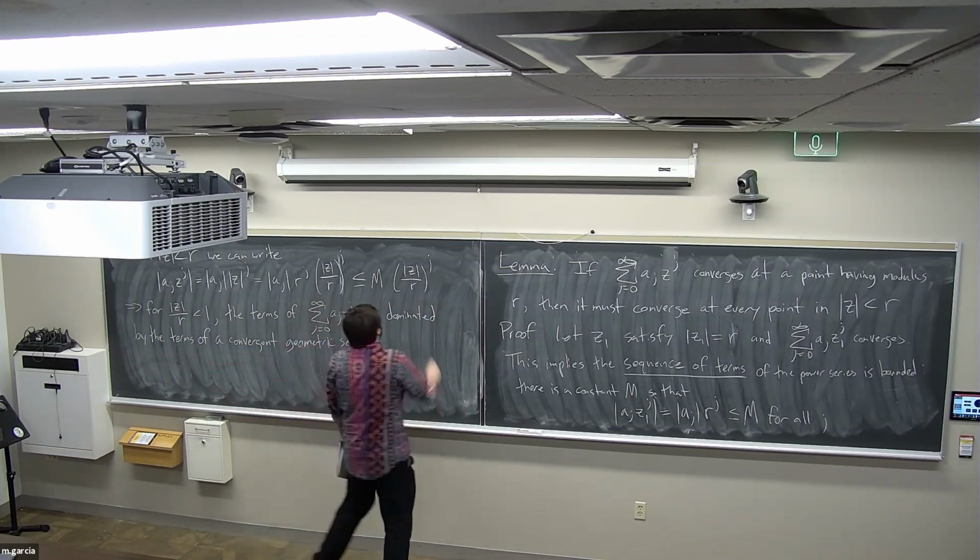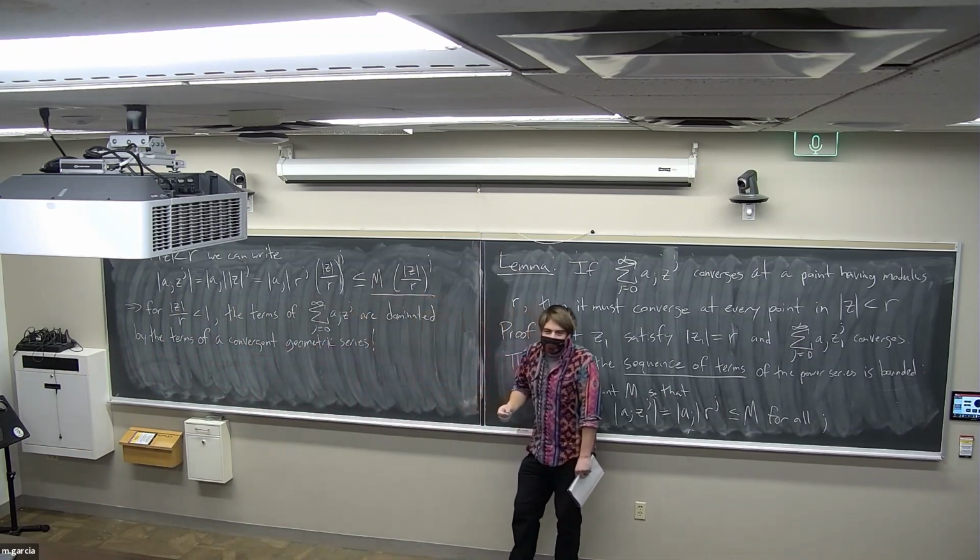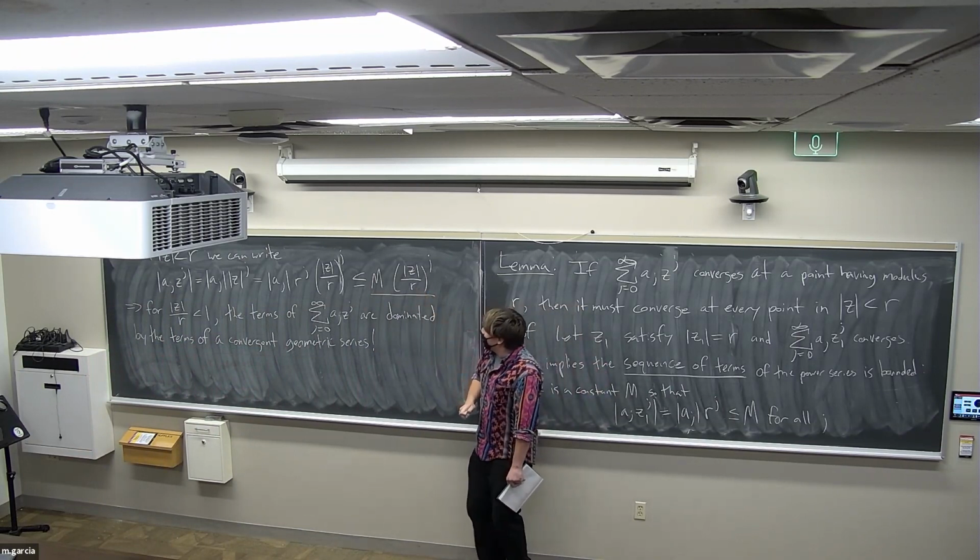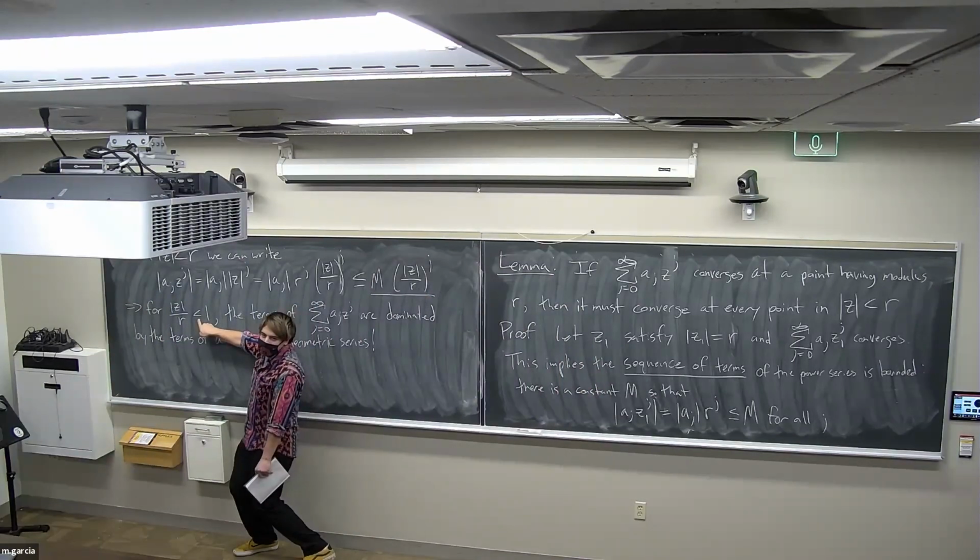These are the terms of a geometric series, right? And we know it converges since the common ratio is less than 1 by our hypothesis at the beginning of this board.